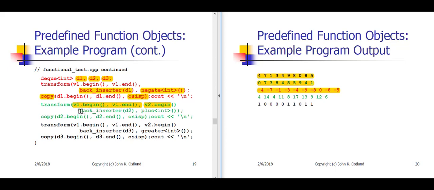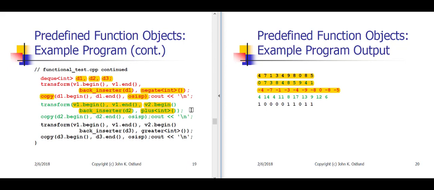This time I'm creating a back inserter into d2 so that the result of this transform goes into d2. And because I have two input sequences, I have to use some kind of binary function. Here I am creating one of the predefined plus of int function objects.